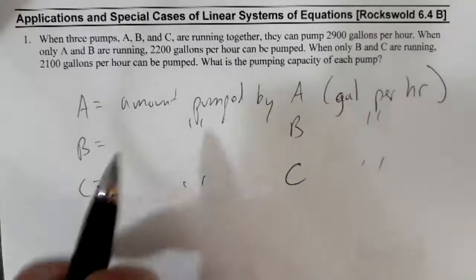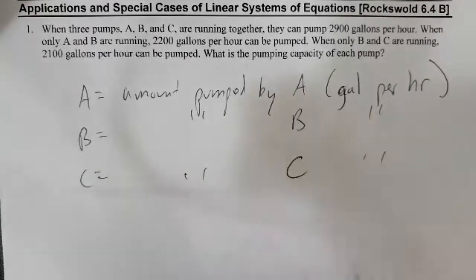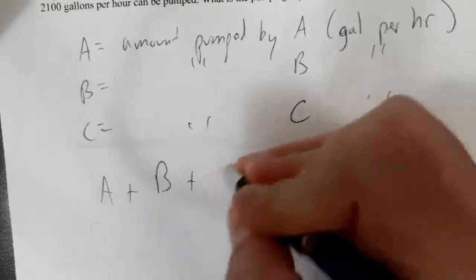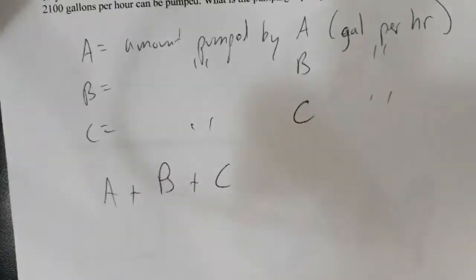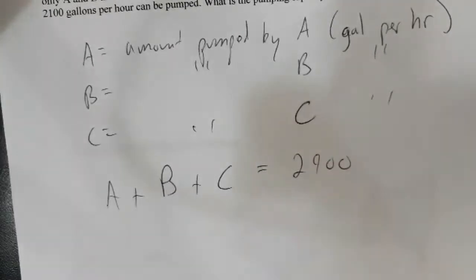And so if A pumps A gallons per hour, B pumps B gallons per hour, and C pumps C gallons per hour, this equation probably should look something like we're combining those rates together. They're working together to pump out a rate of 2,900.